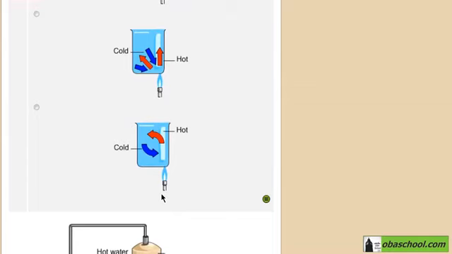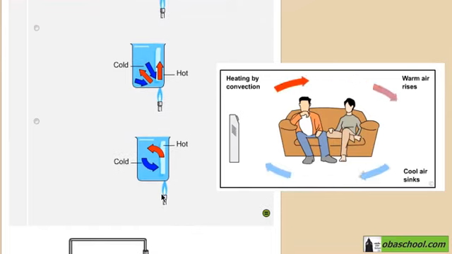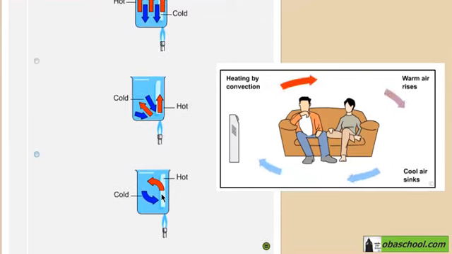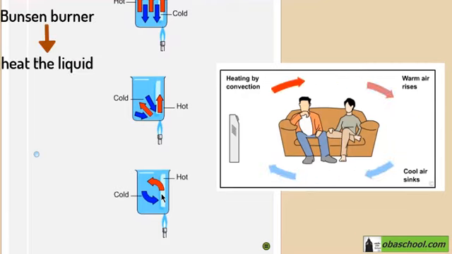So in comparison to the convection currents created by the hot heater in a closed room where the warm air rises and the cool air sinks, this is the same that happens in the beaker when it's heated by a Bunsen burner. The Bunsen burner will heat the liquid inside this beaker, and when part of this liquid is heated, then it will expand.